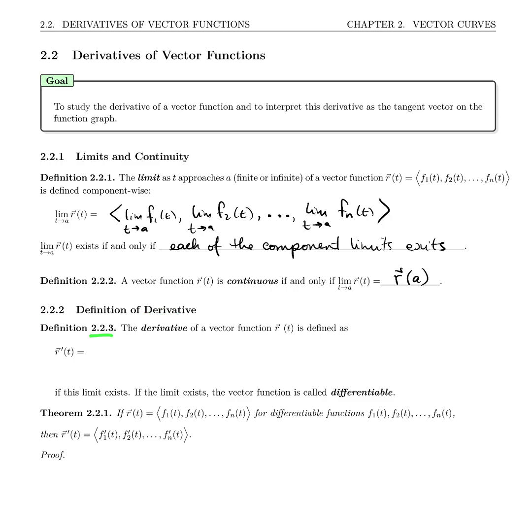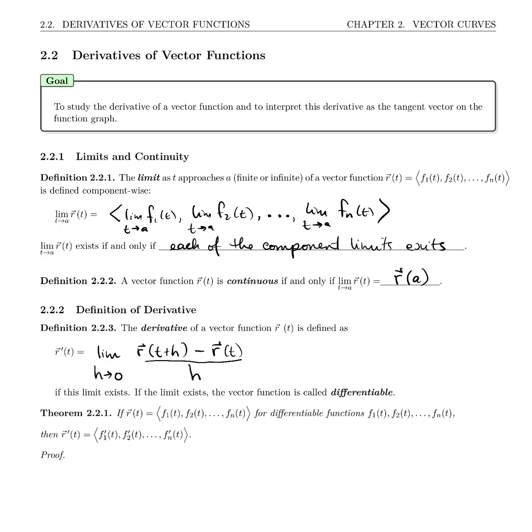So definition 2.2.3, the derivative of a vector function r of t is defined as r prime of t is the limit as h goes to 0 of r of t plus h minus r of t all over h, if this limit exists.